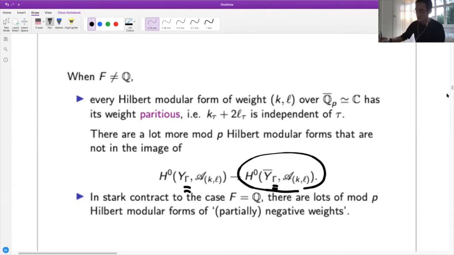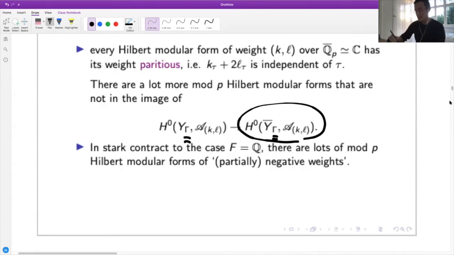That makes the mod p theory of Hilbert modular forms, the geometric theory, a little more complicated than the classical case. What makes the theory even more complicated is that, in stark contrast to the classical case F equals Q, there are lots of mod p Hilbert modular forms of partially negative weights.